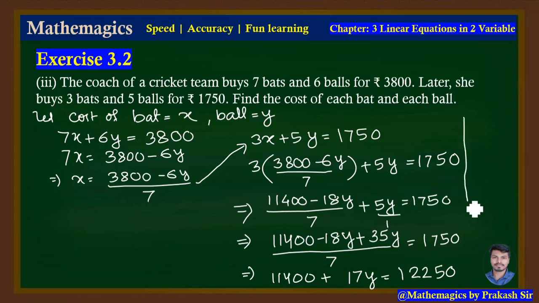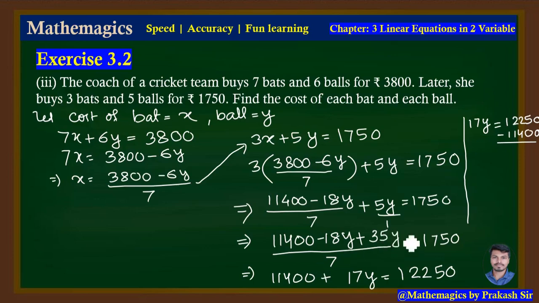So dear friends, I will take few minutes only to get it solved. Here with a small space I am just doing it. 17y is equal to 12,250 minus 11,400, as we have 11,400 there, so we are going to subtract it.